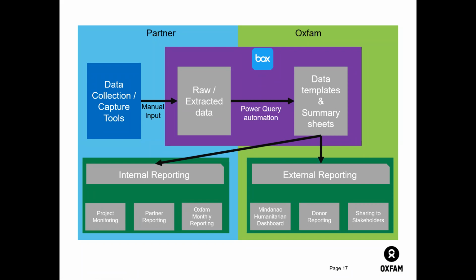That's an automatic Power BI connection onto the Box files, whether it's internal reporting for our own project monitoring, or donor reporting, and that reporting is also available to the partners. So again, it's trying to find a way of meeting people halfway.